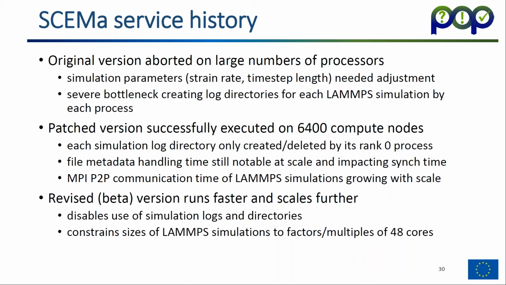And this was combined with a major bottleneck where each LAMMPS simulation, each process, was creating simulation directories where it could store log output from the simulations. And so this quickly showed up as a bottleneck where even beyond a few hundred compute nodes, the simulations just were struggling to run at all.